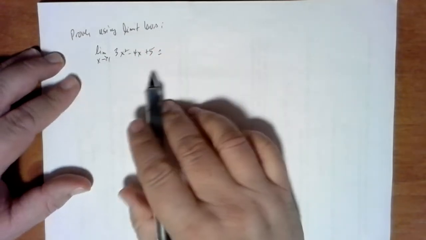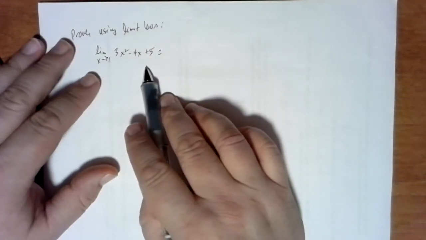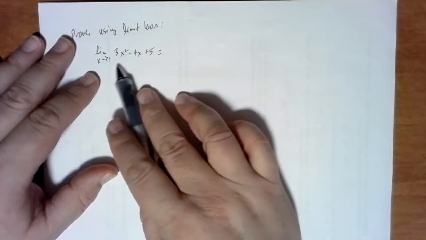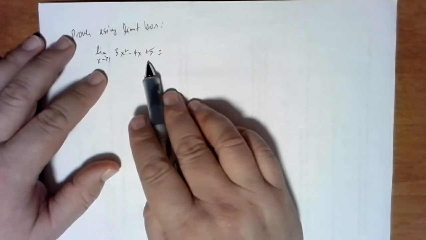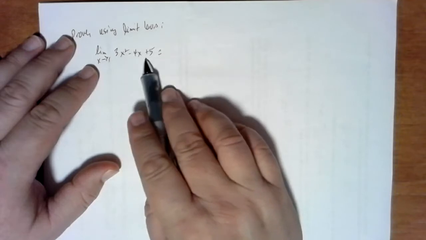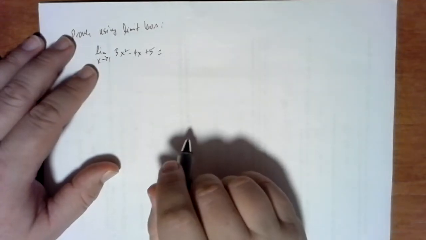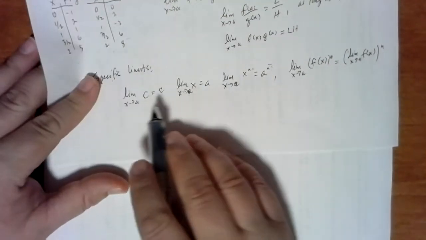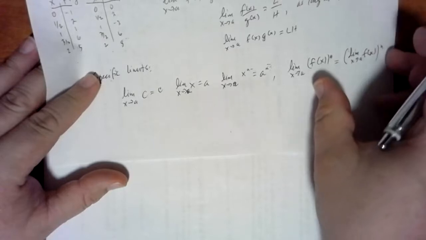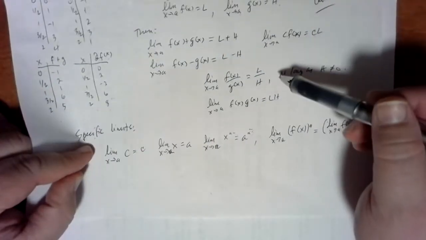So we're going to do this one in a very formal way. Normally, this is a nice parabola, so you know that to find the limit, you probably just plug in the values. But we want to actually use the laws that we just put together, namely these and these, to see if we can prove it.